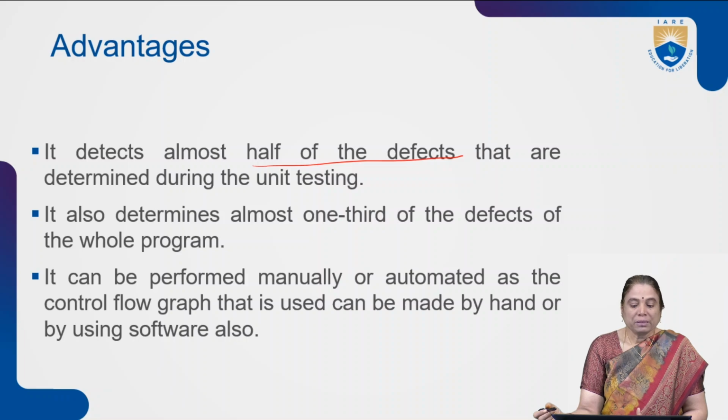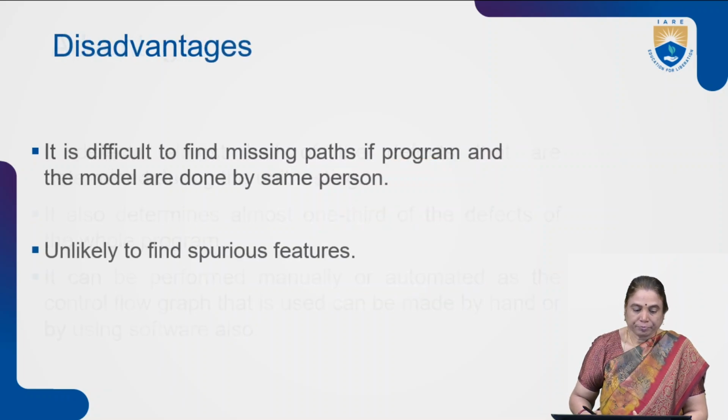It also determines almost 1/3 of the defects of the whole program. It can be performed manually or with the help of automation tools. So it is generally used by the tester to uncover most of the errors in the case of unit testing.